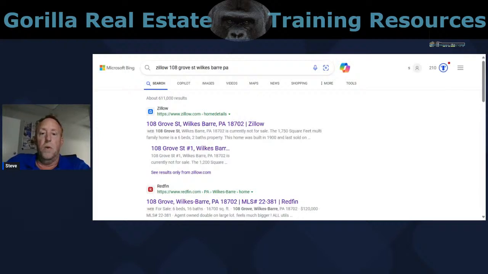So with Zillow, you want to go behind the scenes, behind the pop-up. Put in Wilkes-Barre, PA, and you can even put in Grove Street, and you can even put in the address.